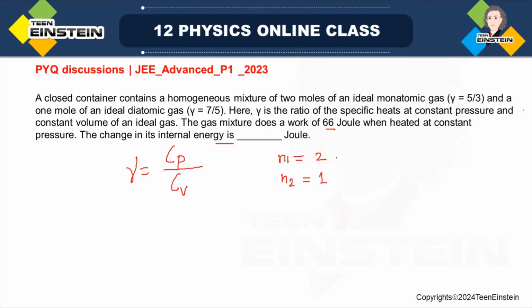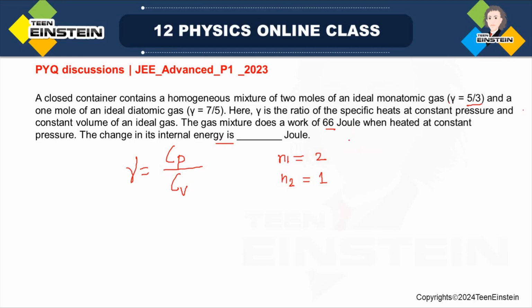The first gas is monatomic and the second gas is diatomic, and the respective gammas are given, and the gas is performing work of 66 joule when it is heated at constant pressure. We have to find out the change in internal energy.